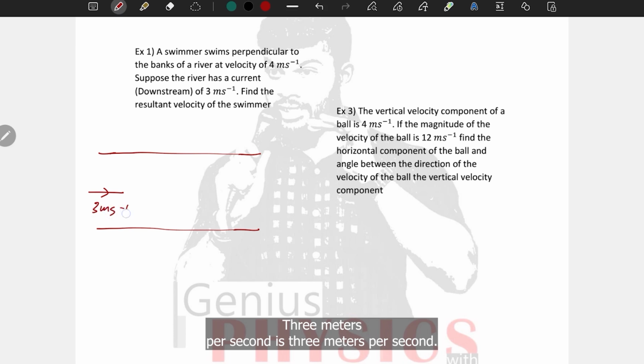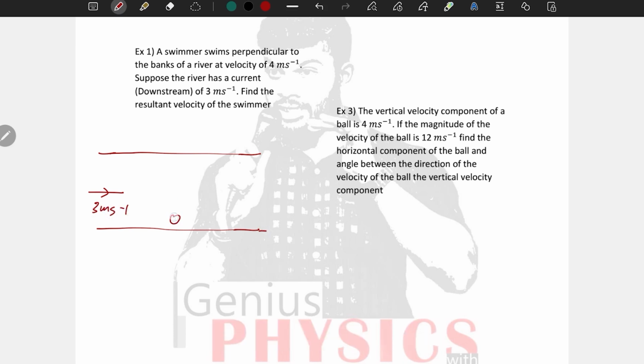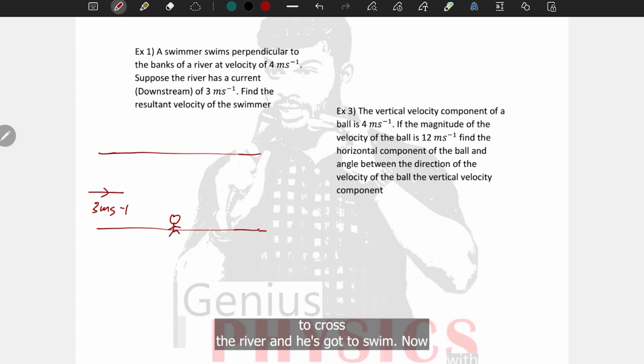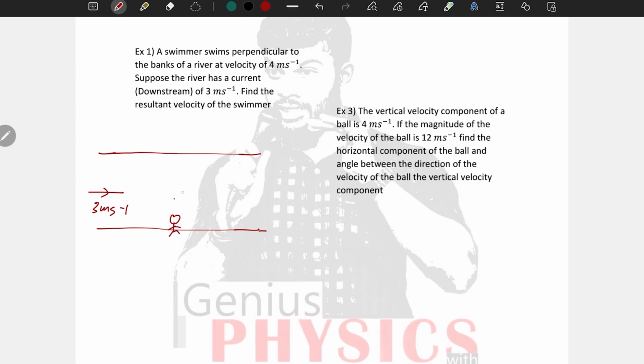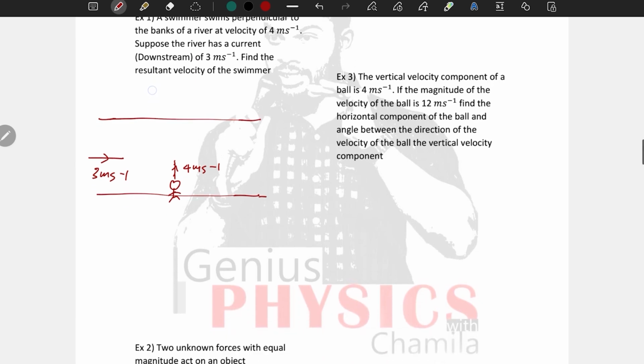There's a person waiting over here to cross the river, and he's going to swim now at a speed of 4 meters per second, and we are expected to find the resultant of the swimmer, right?